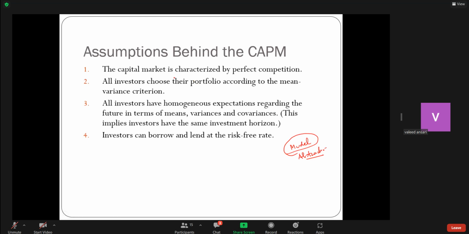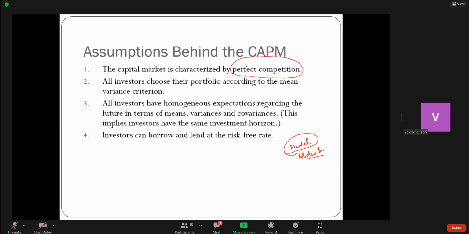The market is characterized by perfect competition. You may recall the assumption of perfect competition: there are a large number of buyers and sellers, the product is homogeneous, and there is free entry and exit. The same thing you can translate in terms of the security market, which states that there are a large number of buyers and sellers of securities.